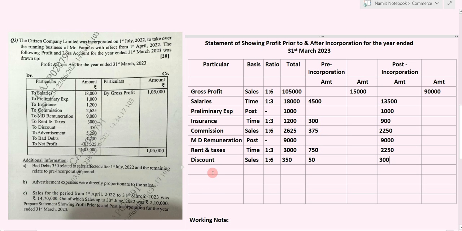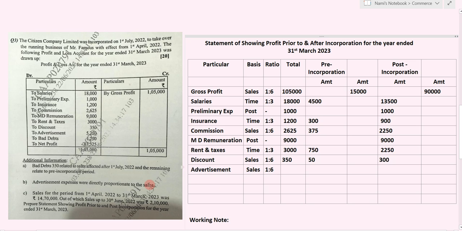For advertisement, there is an adjustment. They have said advertisement expenses were directly proportionate to sales. That means we have to distribute advertisement on the basis of sales ratio, that is 1 to 6.